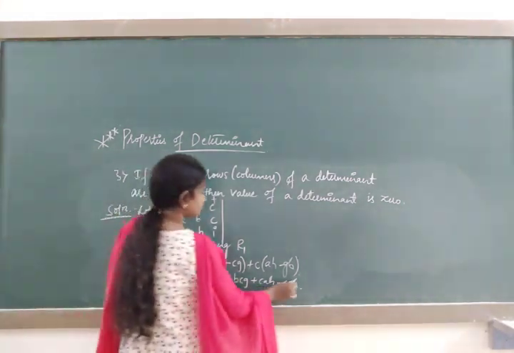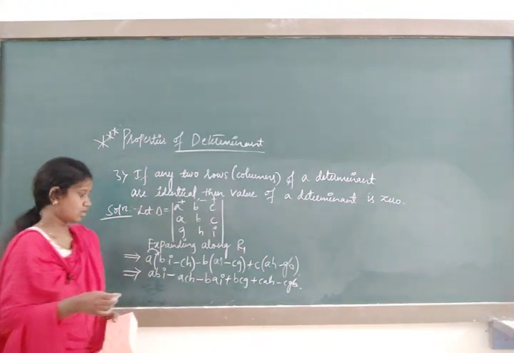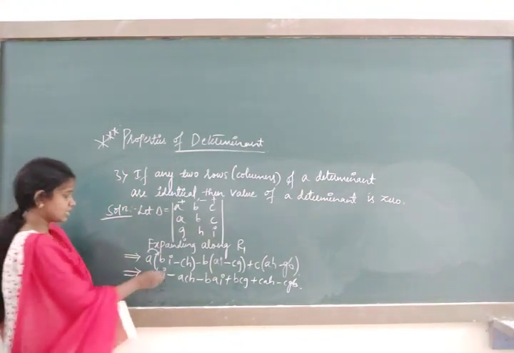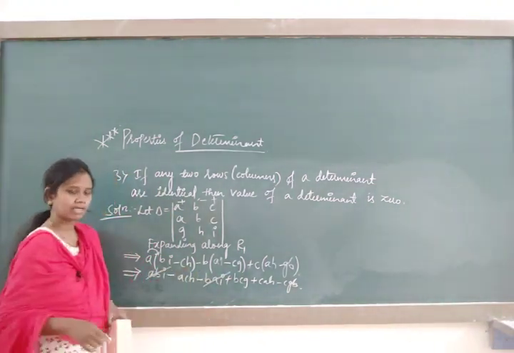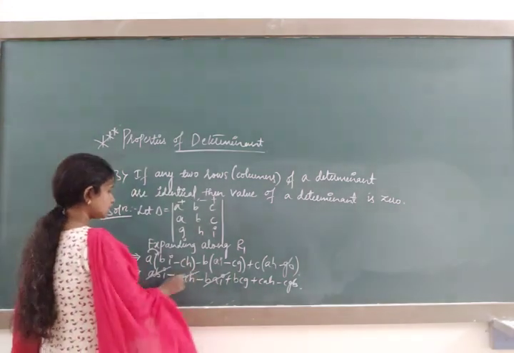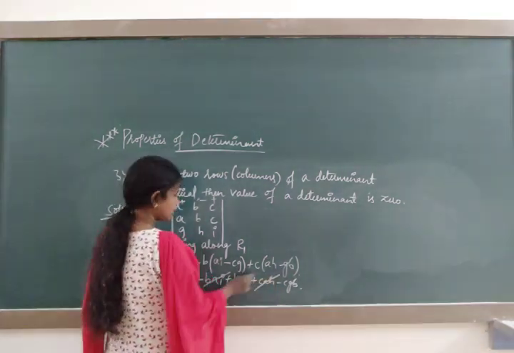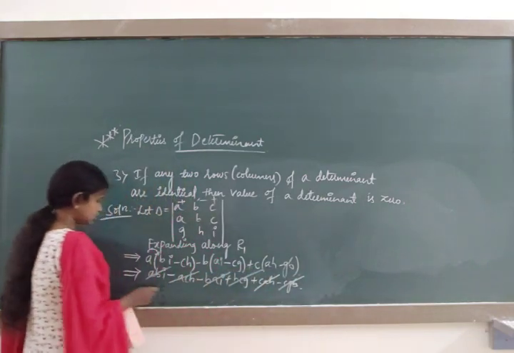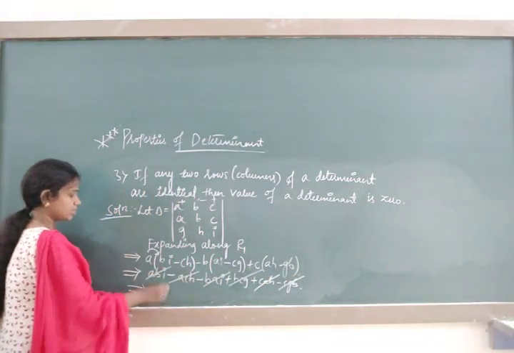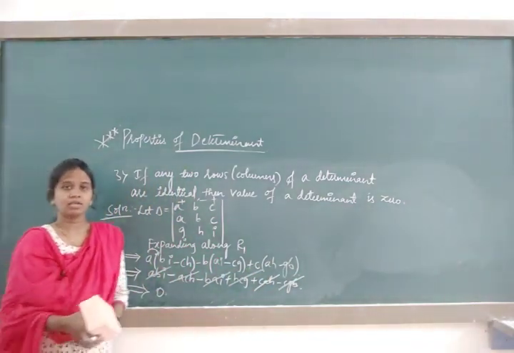It's a GB, sorry. Now we will try to cancel: plus ABI cancels with minus ABI. This is ACH, minus, it's a plus; minus BCG, it's a plus BCG, cancel out. The value of the determinant is 0.